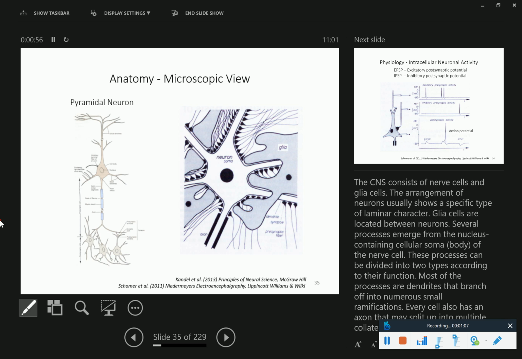What this shows here is this typical picture of a neuron that you are very familiar with, and you know all the parts here. This, taken from Niedermeyer's EEG book, is maybe a little bit more realistic in the sense that everywhere on the neuron there are these dendrites coming from elsewhere, and of course there's also glia somewhere.